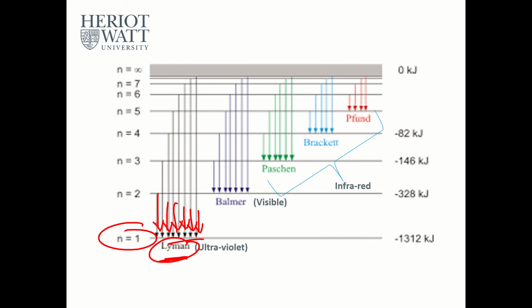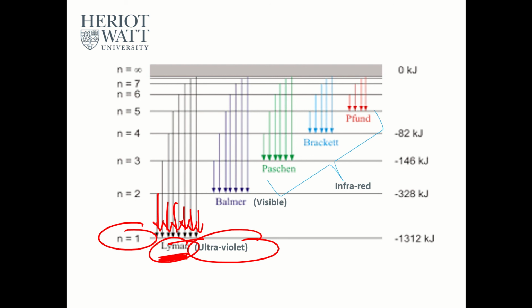So whatever transition of electrons from high energy drops back to the first shell, n equals 1, all the radiation here belongs to the Lyman series, and the Lyman series represents the ultraviolet region of the electromagnetic spectrum. So whatever radiation is released from a transition of electrons to n equals 1 is always within UV light.